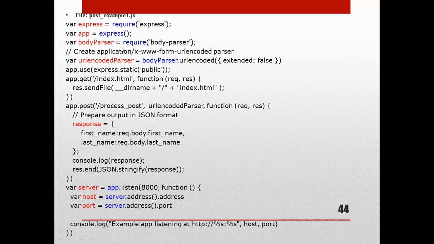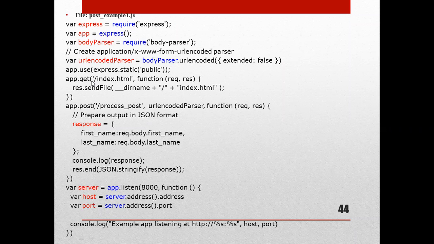Then we are going to create one application-level parser, var urlencodedParser equals bodyParser.urlencoded with extended colon false. Here we are going to use the method of body parser. Then app.use, where app is the object of express. You can see app.use(express.static('public')).